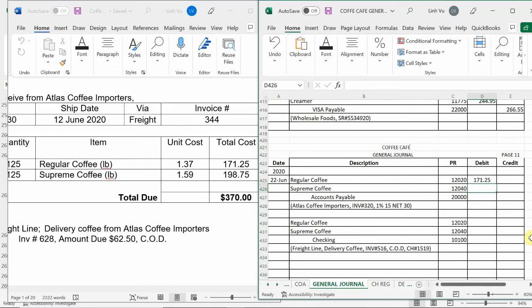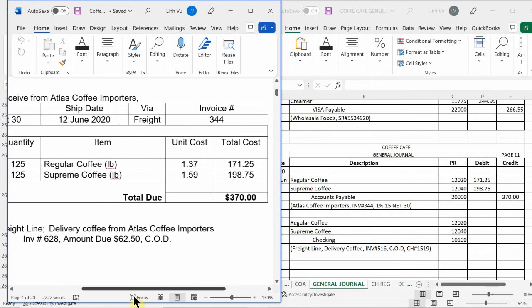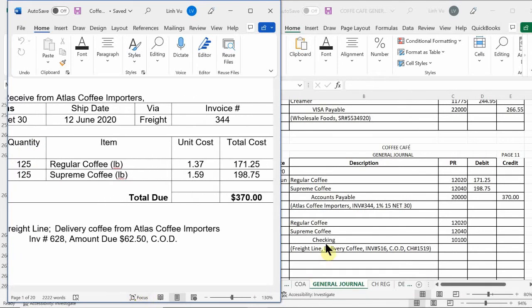The Supreme Coffee is 198.75. And accounts payable would be $370.